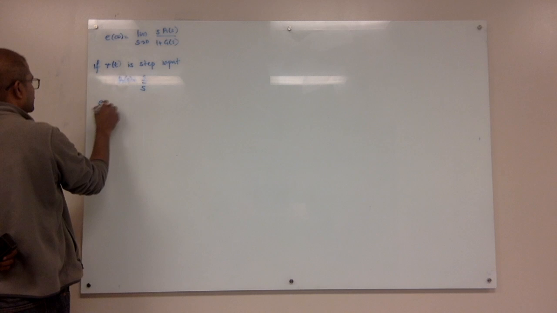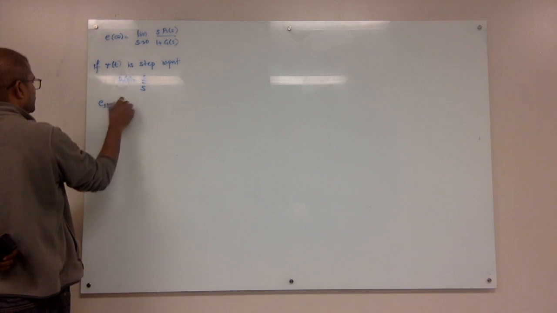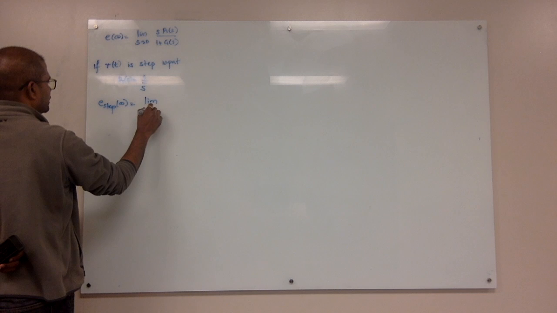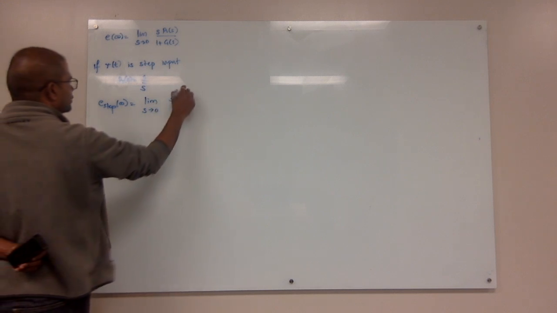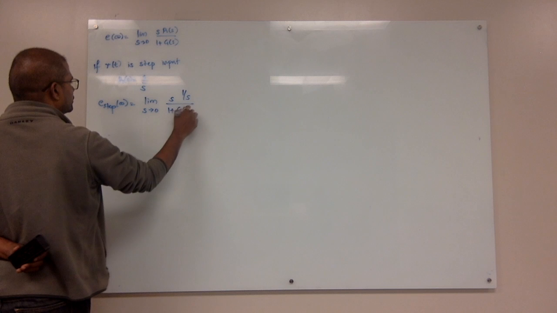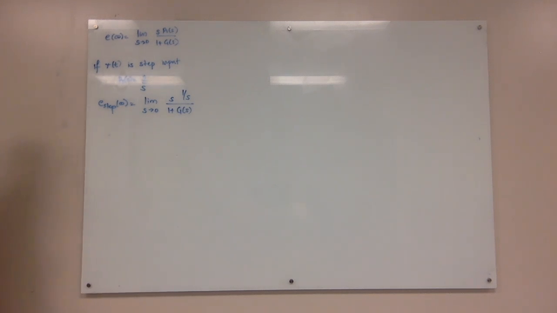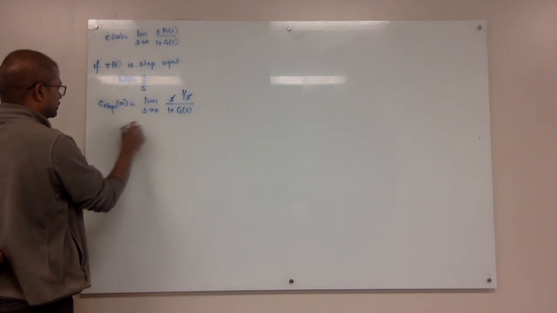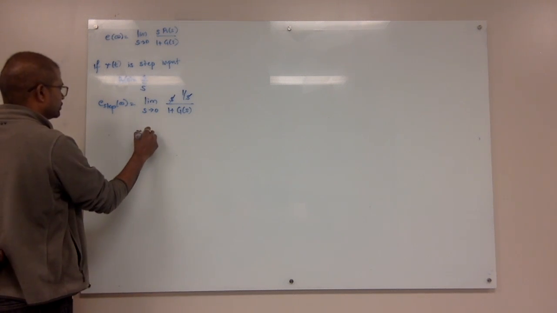Now E step will simply become the limit as s tends to 0 of s times 1 over s divided by 1 plus G of s, right? You with me? And these cancel off, correct? Correct. So this will become 1 over 1 plus G of 0.